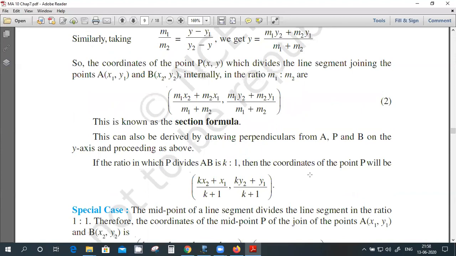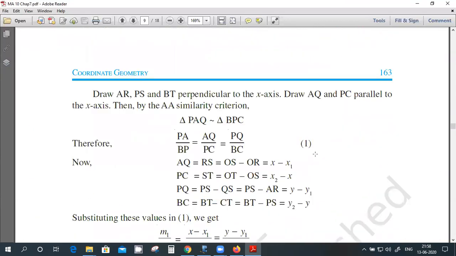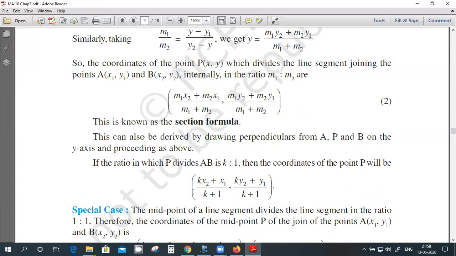Here the ratio is m1 is to m2, but instead of that, I can write it as k:1. So that means m1 is k and m2 is 1. In that case, this is the answer.